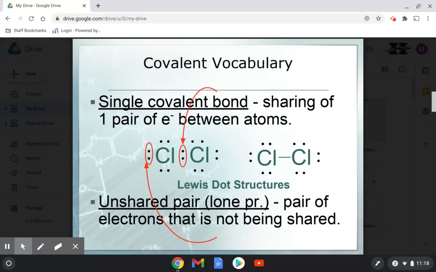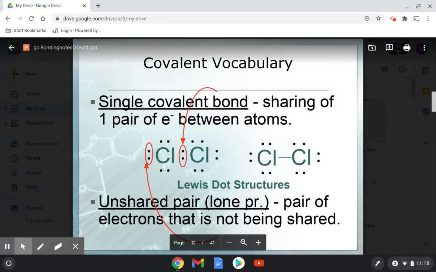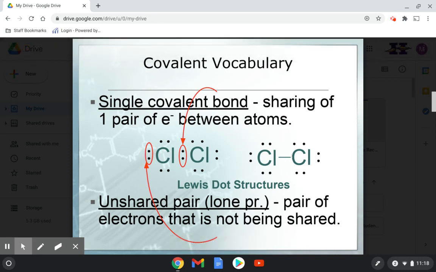And how we show that there is a covalent bond is through this single line here. Again, this is showing us that because of the sharing, both octets, both shells for the chlorine atoms, are filled in.